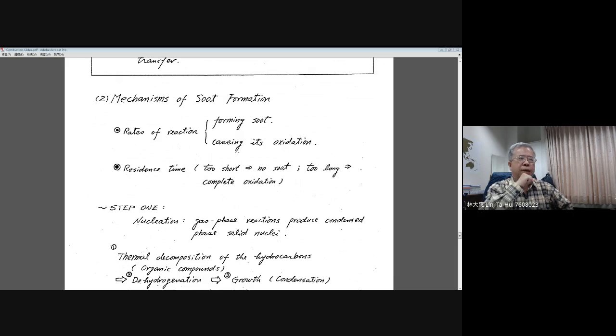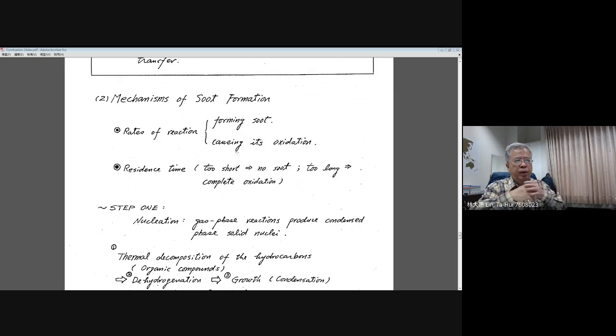And the second one is still very important, the residence time. Residence time means in a given control volume, the species usually can stay only a certain time interval. Do we have enough residence time for complete oxidation or complete soot production? Then you need to check it.